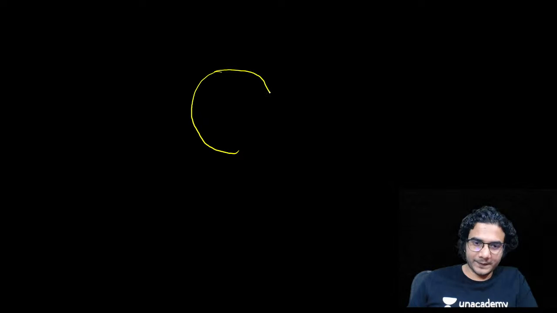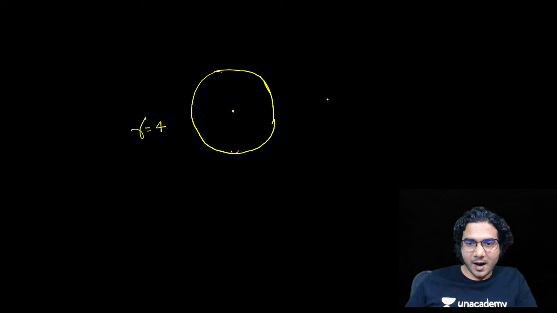Okay. Then I'm giving you one question. This is a circle of radius 4. This is another circle of radius 1.